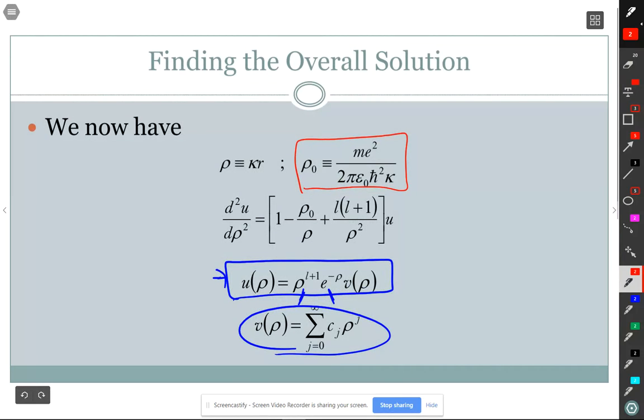But we started with our Schrodinger equation, that was minus h bar squared over 2m d second d r squared, and so on. That's where the m came from, and that was the mass of the electron, is what we said.